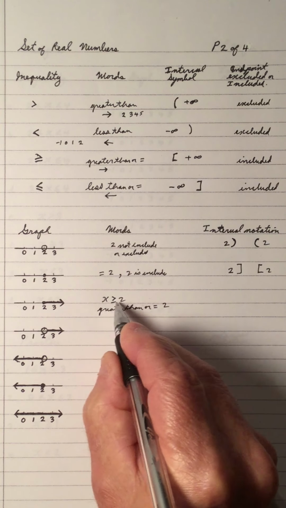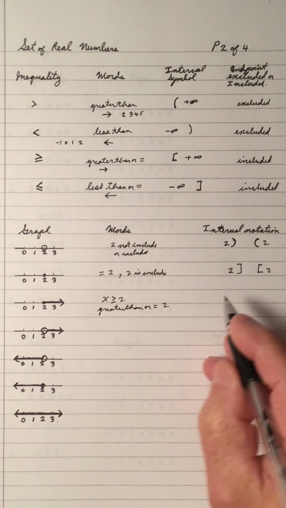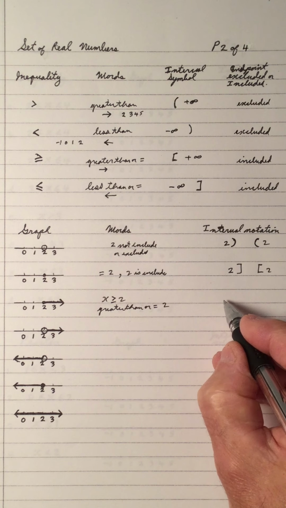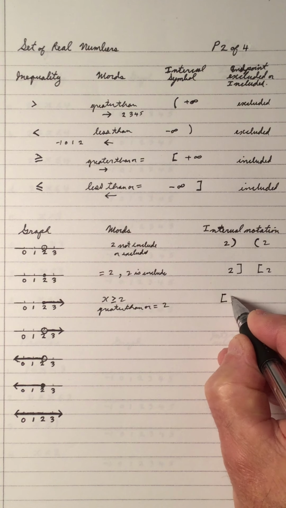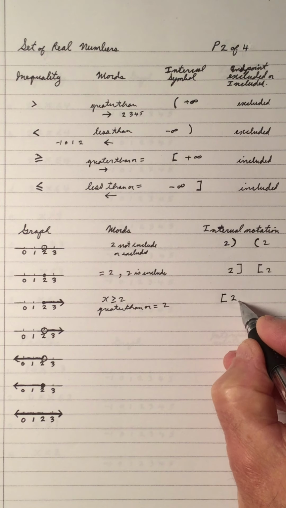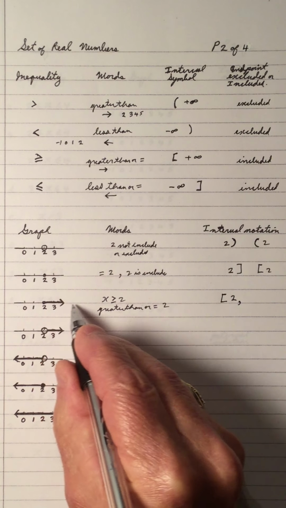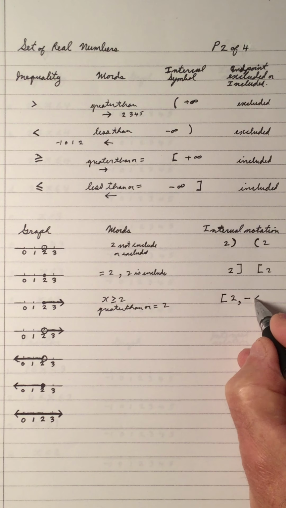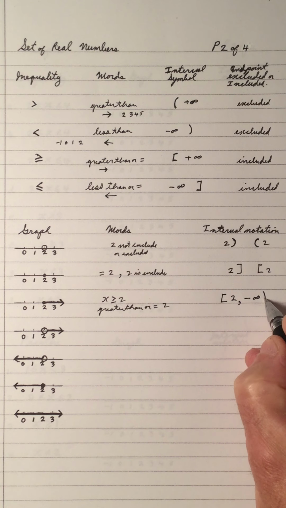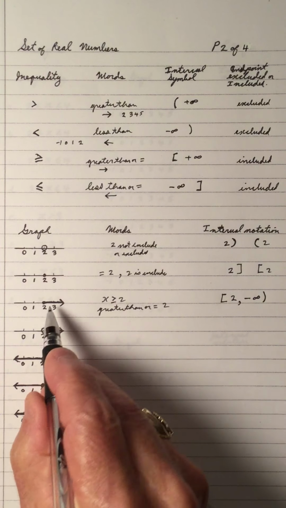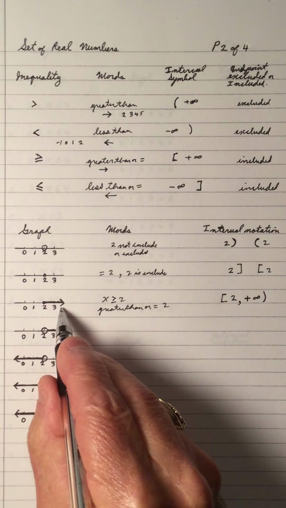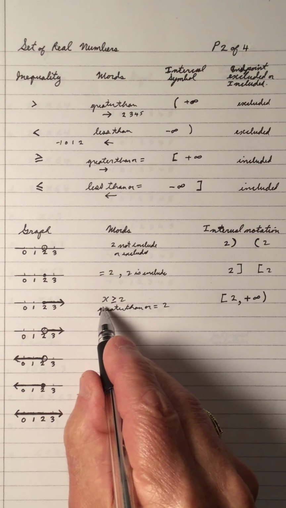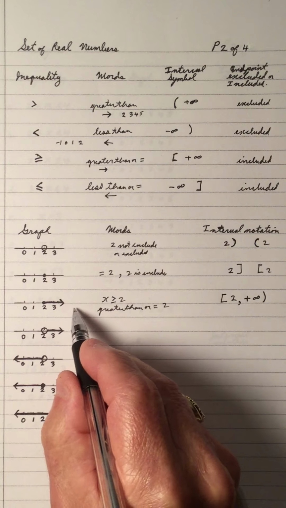It starts at the 2, so it's a closed bracket. 2 is starting it, and a comma, and it's going to the right, so that's positive infinity. And this is open because when you do infinity, it keeps on going, so there's no end to this. So you've got 4, 5, 6, you keep on going to positive infinity, forever.